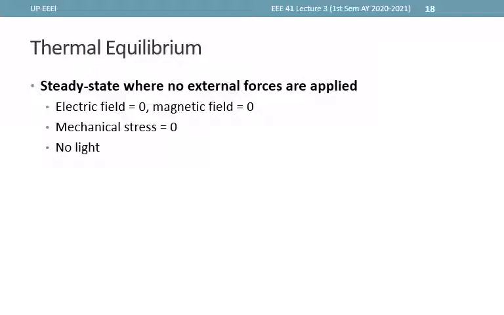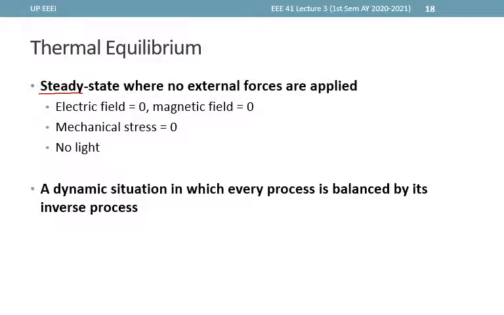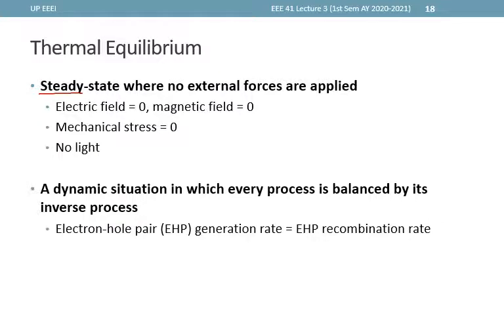The material is not being compressed or elongated. There is also no light. If you leave that material and let it reach some steady state, then the material is said to be in thermal equilibrium. So this is a dynamic situation in which every process is balanced by its inverse process.